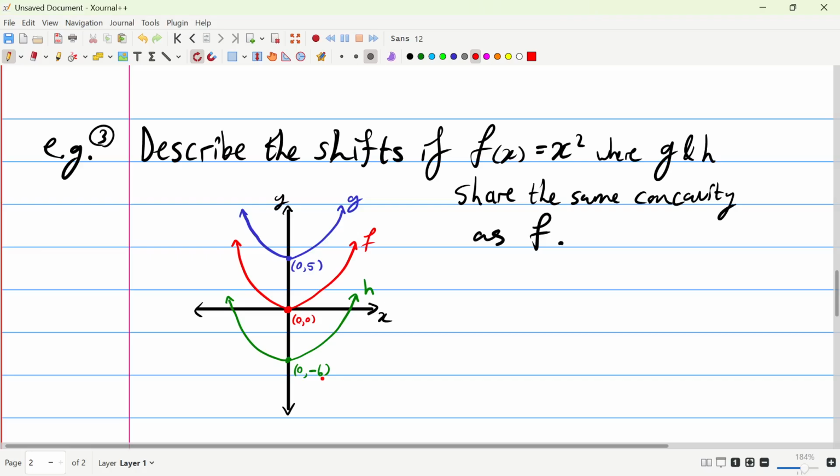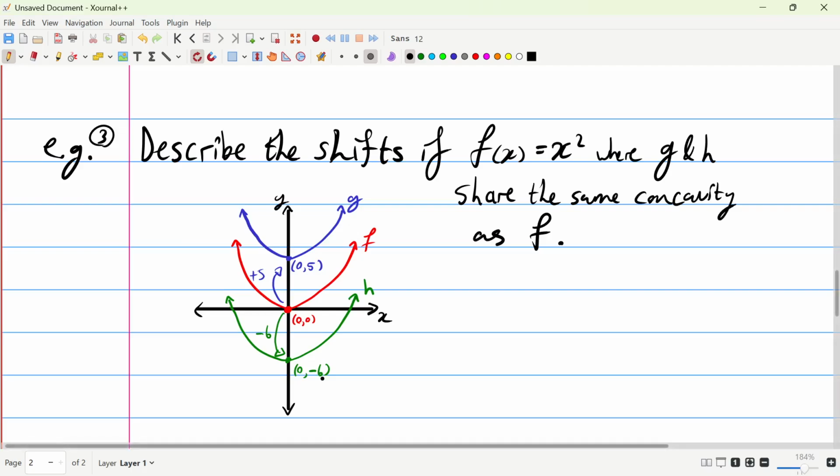It's the vertical shifts. Both graphs g and h are vertically shifted either up or down. Notice that g is shifted up by 5 units, and h is shifted down by 6 units.